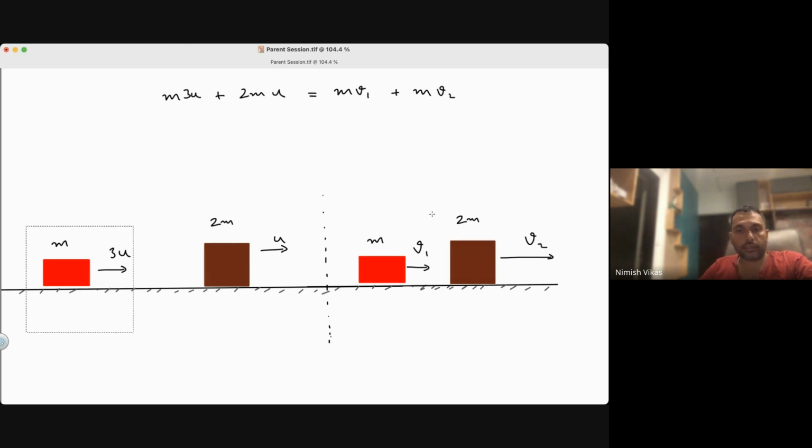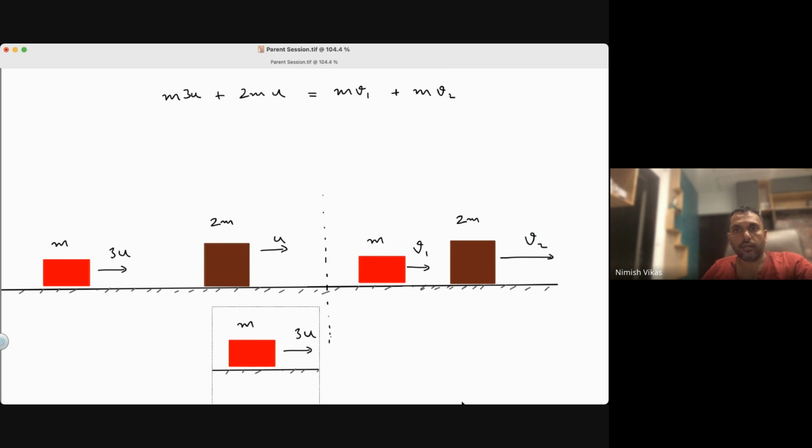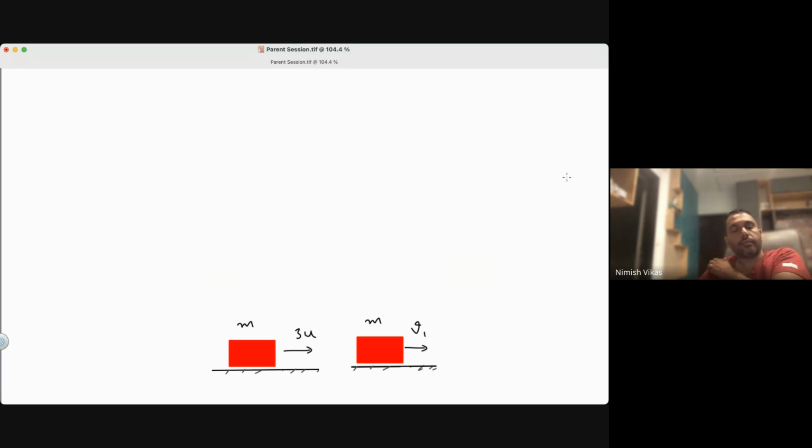Once again, let me just consider the body alone. That's your body. It had a collision, and after collision, it is this situation. Is that clear?